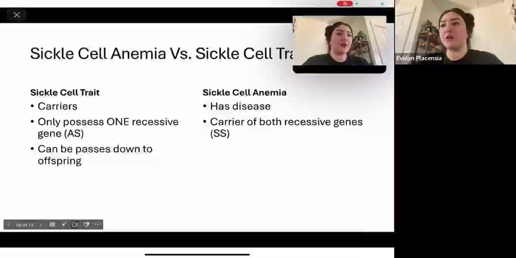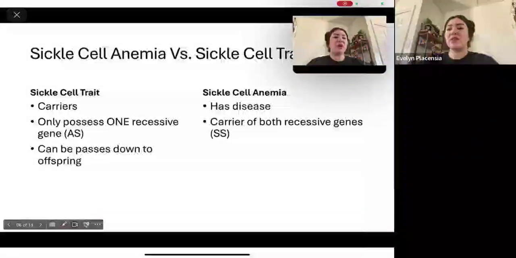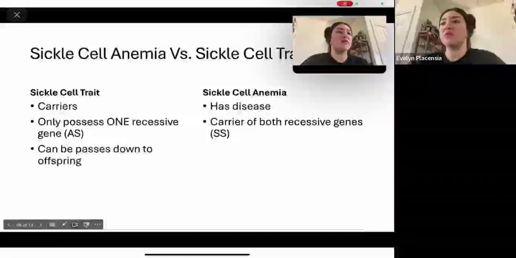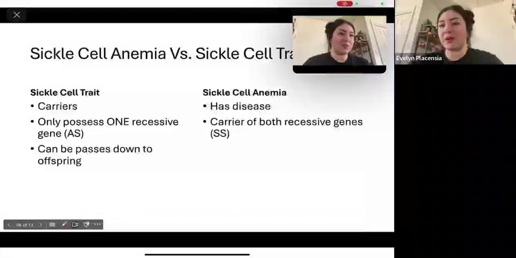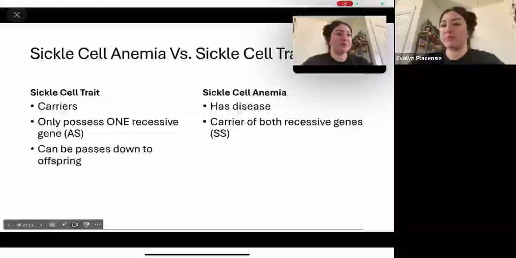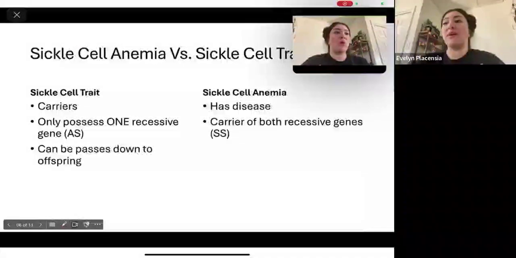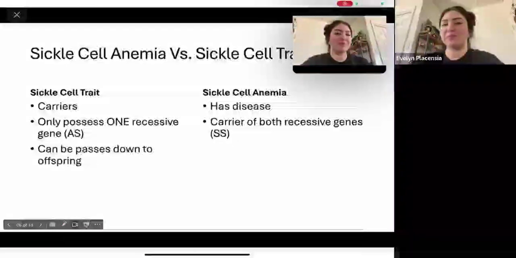But because they are carriers, if they were to have offspring, have children in the future, they could pass it on to their children. And remember, this disease is inherited. So the chances of the disease becoming present in children will increase if the individual that you're choosing as your partner has the trait or is also suffering from the disease.